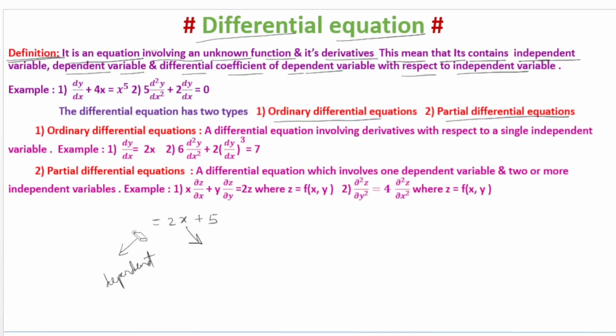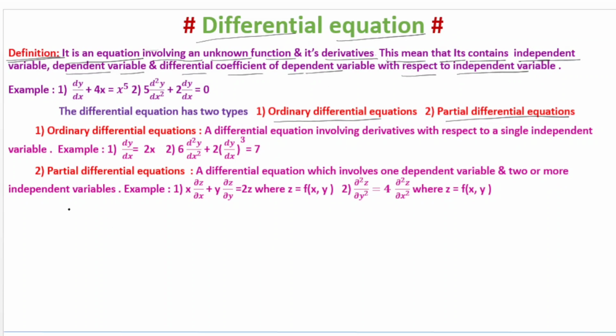I hope we understood what independent variable and dependent variable mean. Now, any equation which contains the independent variable, dependent variable, and differential coefficient of the dependent variable with respect to the independent variable.